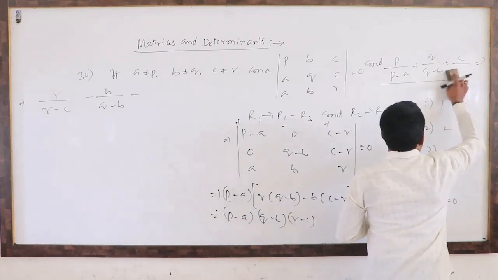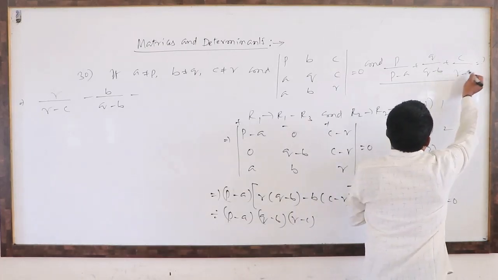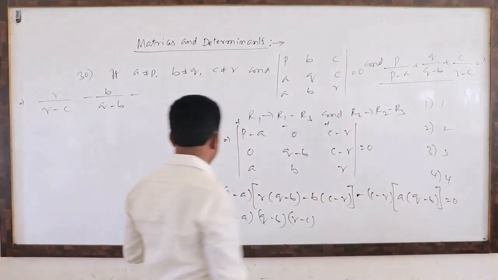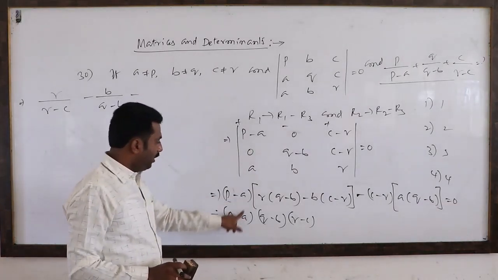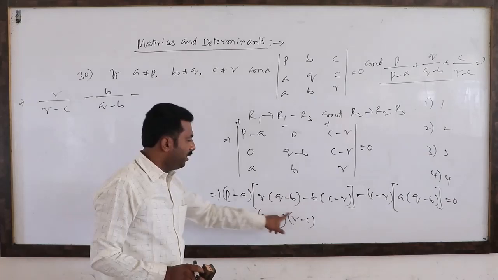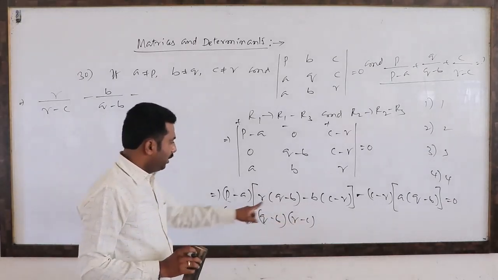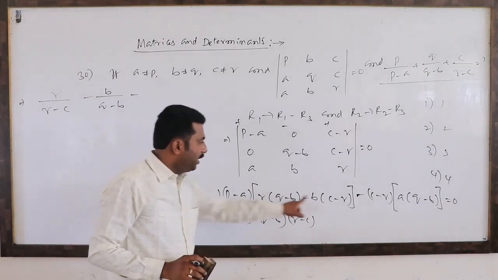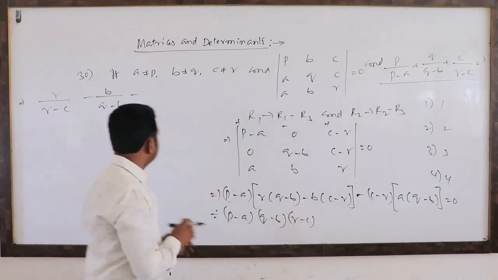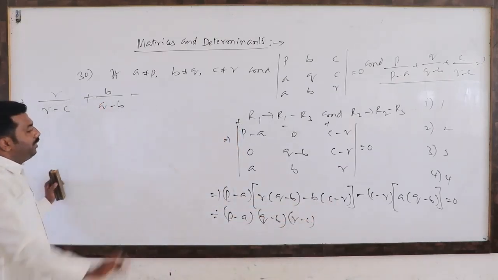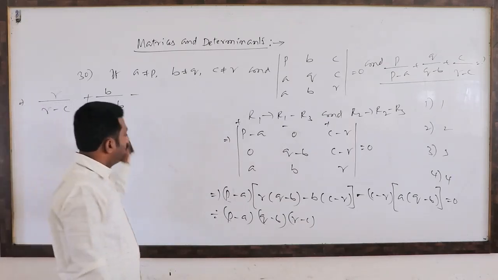This is R minus C. So you observe, P minus A and Q minus B cancel, R by R minus C, right? You observe these two, P minus A, here C minus R is there. If I take minus common, what will we get? B divided by Q minus B.